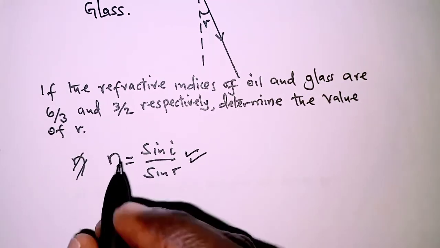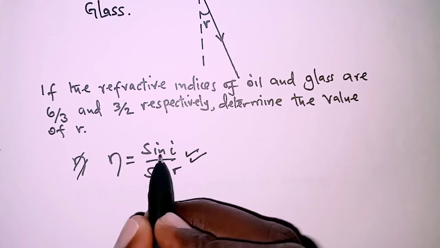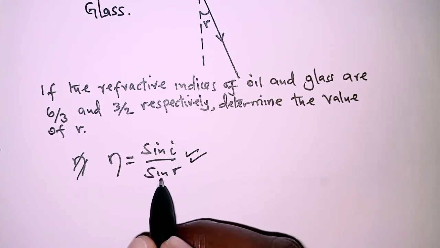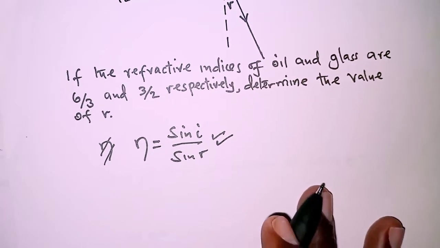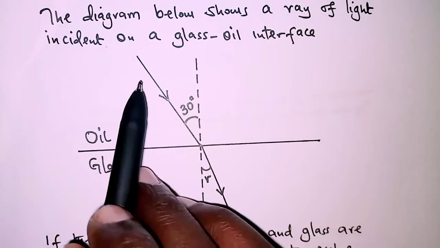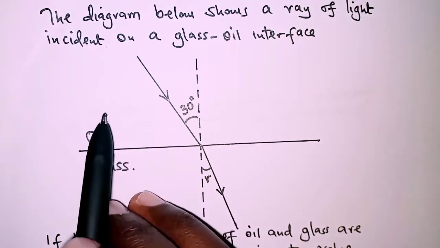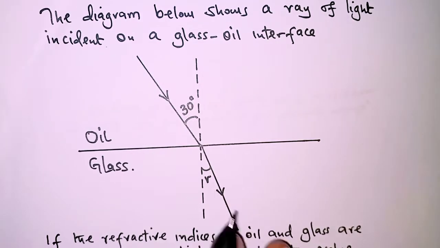So refractive index is equivalent to the ratio of sine of the angle of incidence to sine of angle of refraction. So we know that from the diagram, light is traveling from the oil medium to glass medium.